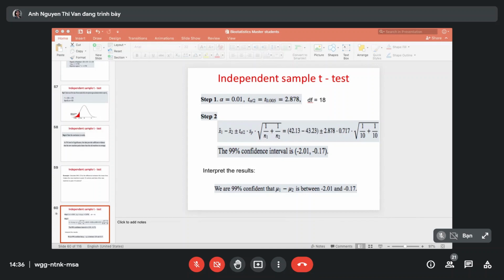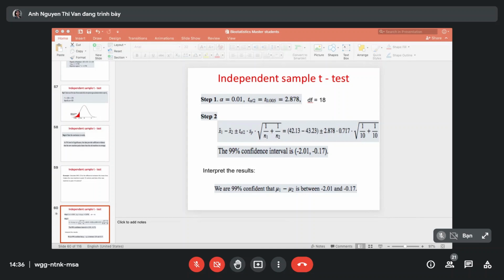You not only know that mu1 is different from mu2, but you also know that mu1 minus mu2 is less than 0, so it means that mu1 is less than mu2. mu1 is the mean packing time of the new machine, and mu2 is the mean packing time of the old machine. mu1 less than mu2 means the new machine packs faster than the old machine. So from this confidence interval, you can also conclude that the new machine packs faster than the old machine.